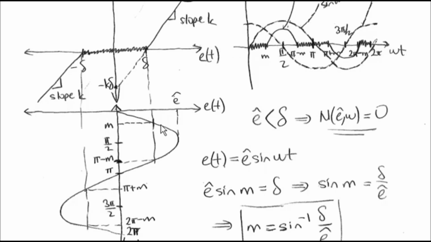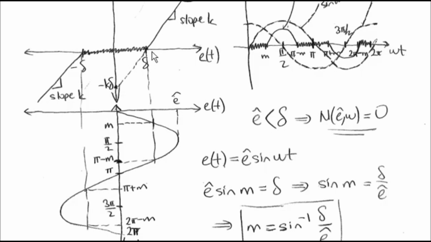This expression is nothing but E hat sine omega t passing through this linear function here. I have a line here crossing the point delta 0 with slope k, and using the slope I can say that this line is going to intersect the y-axis at minus k delta.